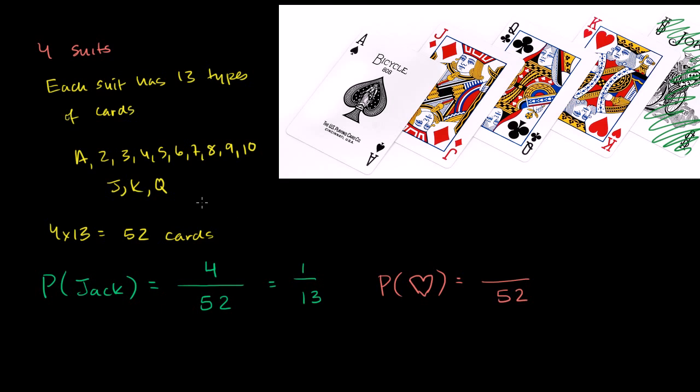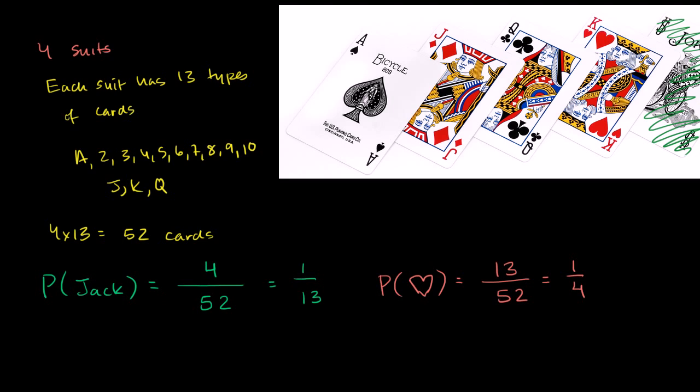For each suit, you have 13 types, so there are 13 hearts in that deck. There are 13 diamonds, 13 spades, and 13 clubs. So 13 of the 52 would result in hearts. Both of these are divisible by 13, so this is the same thing as 1/4. I have a 1 in 4 probability of getting a heart when I randomly pick a card from that shuffled deck.